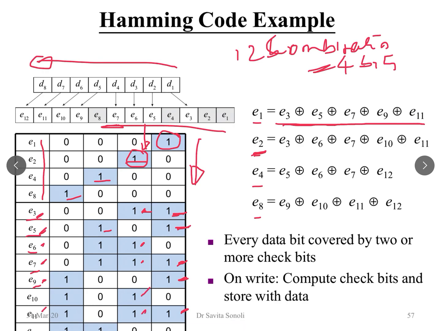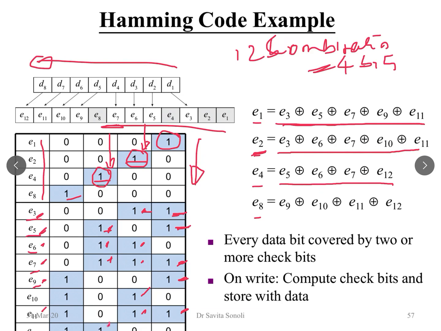So E2 is E3 XORed with E6, E7, E10 and E11. Similarly, go to the third column. We are going to do for E4. So E4 is E5 XORed with E6, E7 and E12. We can observe this: E5, E6, E7 and E12.